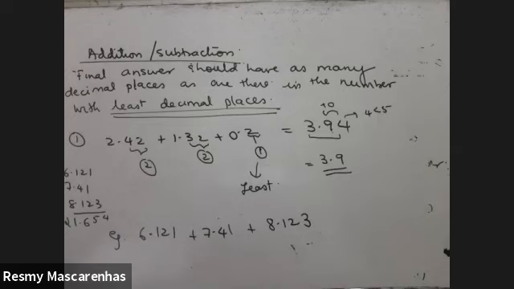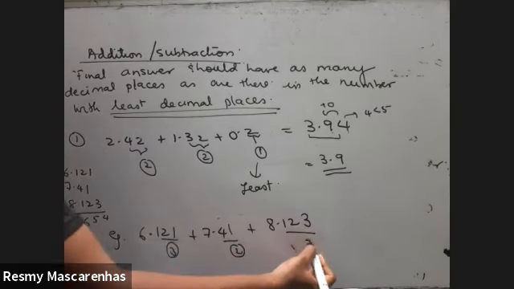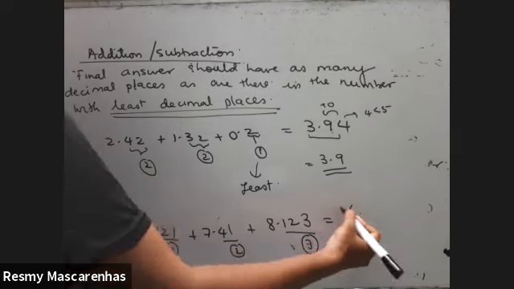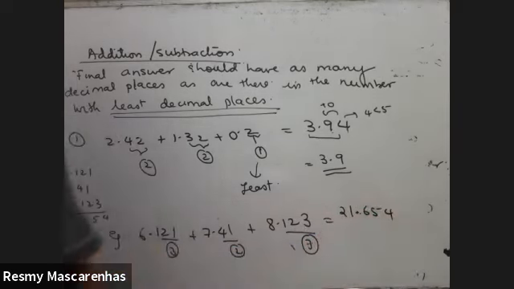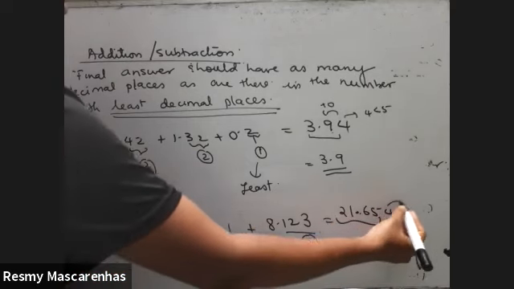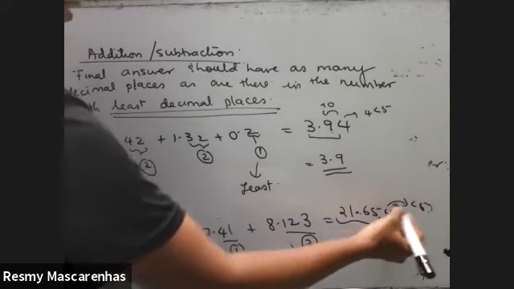Okay. Now, how many decimals? This is here. 3 here, 2 here, 3. I want up till the minimum, 5.